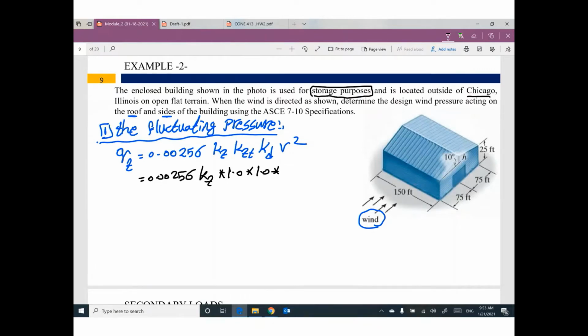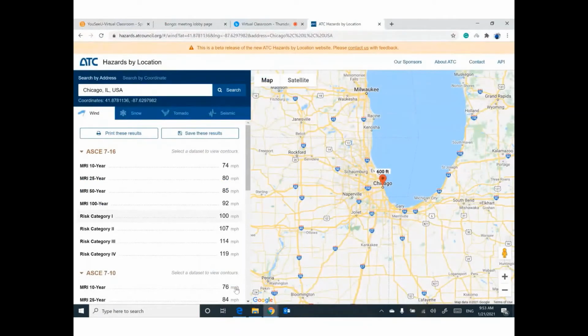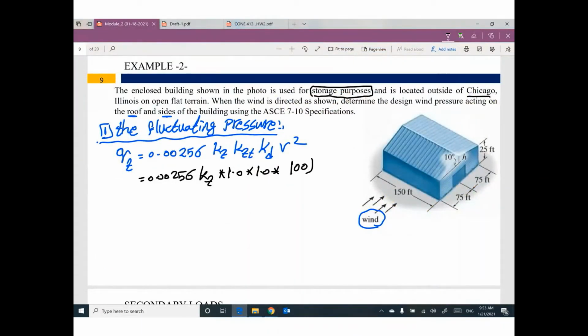This function of the building will help you to figure out the category of this building. So I'm gonna assume my building is risk category 1, so the velocity will be 100 miles per hour. So V squared is 100 squared. The final value for the fluctuating pressure as a function of Kz will be 25.6 Kz. This is the value of qz.